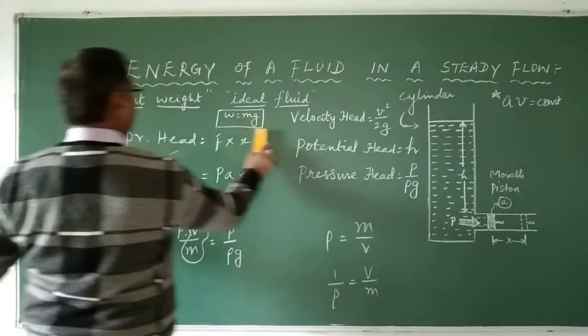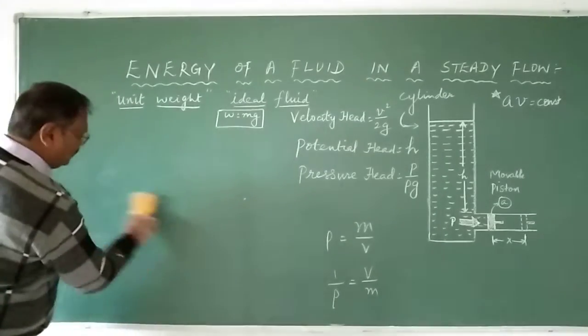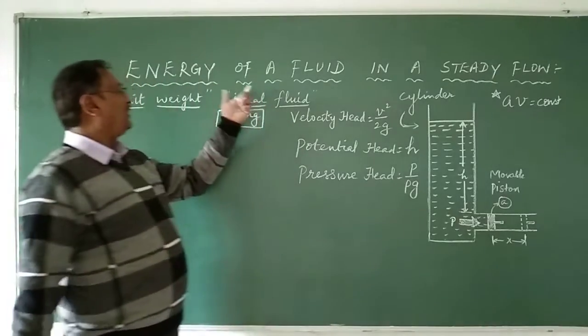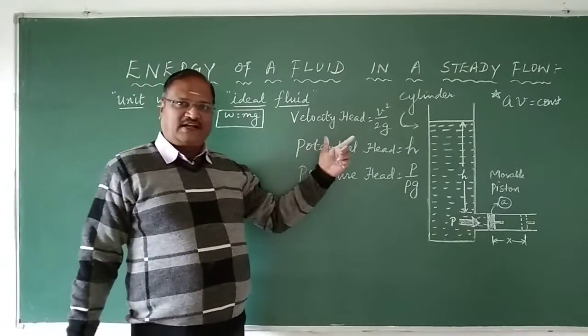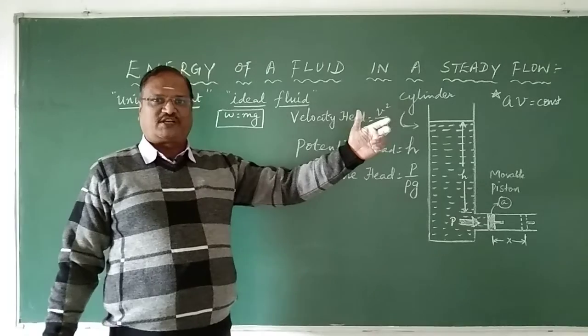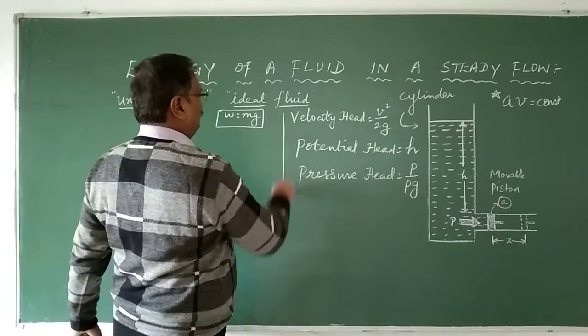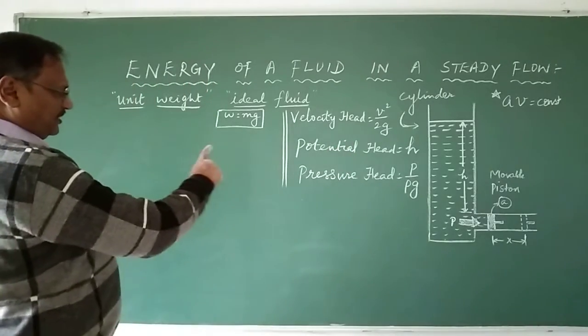So these are the different ways we are studying fluid dynamics. We studied energy, got an equation, and moved to Bernoulli's theorem from there, and then I defined these factors: velocity head, potential head, and pressure head.